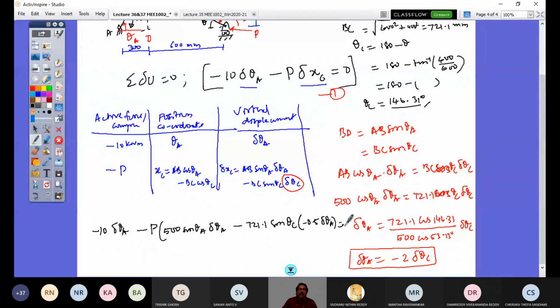So now look, this minus and minus become plus, and these two terms are minus. That ensures the consistency of the work done.